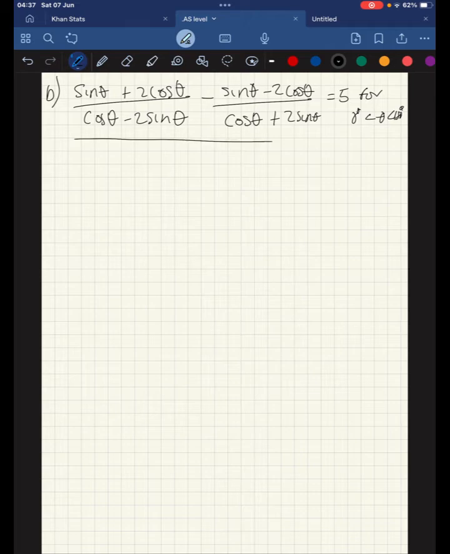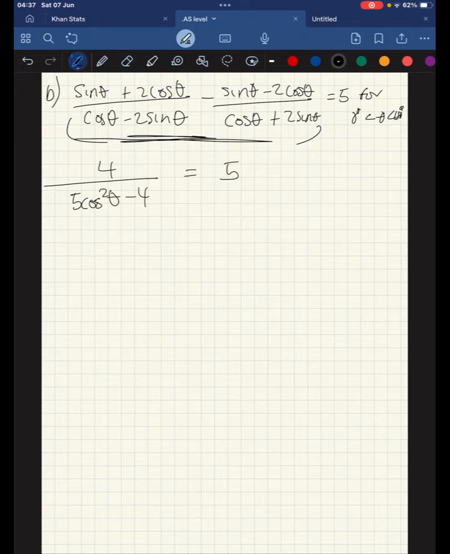Okay, and we already know that this is identical to 4 over 5 cos squared theta minus 4, which is equal to 5. Therefore, we can write it as that, rather than doing this mess. We can cross multiply, essentially multiplying both sides by the denominator.